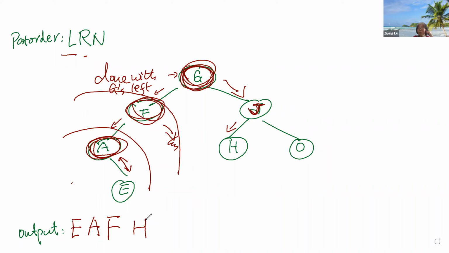So we output H. After H, what next? We go back to J and then to O. So you first output O. After you finish O, so regarding J, H is done, O is done. Then what?